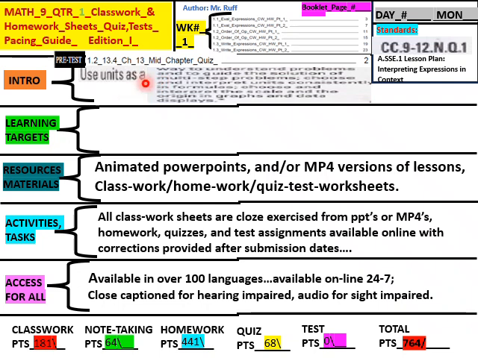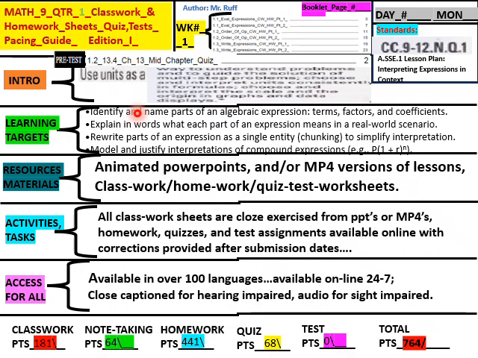Use units as a way to understand problems and to guide the solution of multi-step problems. Choose and interpret units consistently in formulas. Choose and interpret the scale and the origin in graphs and data displays. So that's your Common Core 9 through 12, N.Q.1. That's going to be the major standard that we use here in Week 1 of Math 9 Quarter 1.